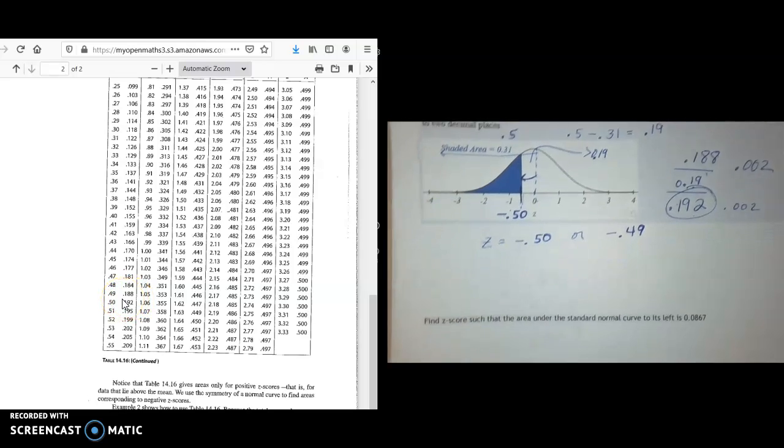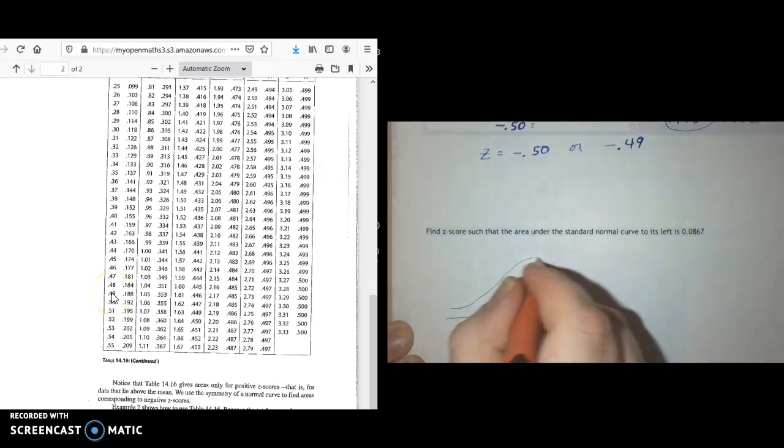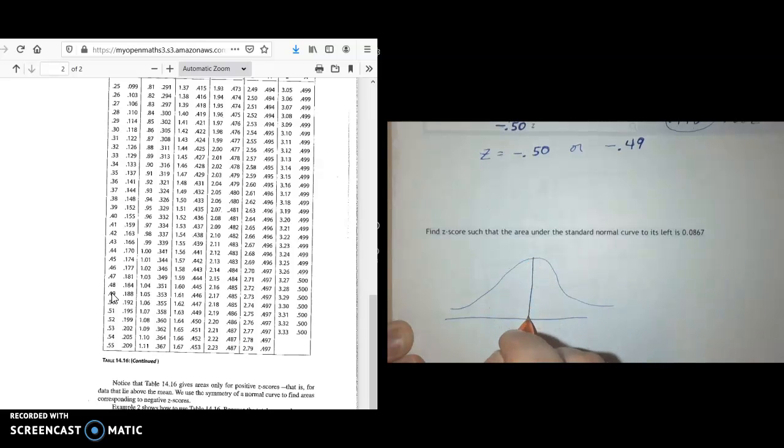Okay, let's look at another question like that. It says find the z-score such that the area under the standard normal curve to its left is 0.0867. So let me draw a standard normal curve. We want the area to the left to be 0.0867.